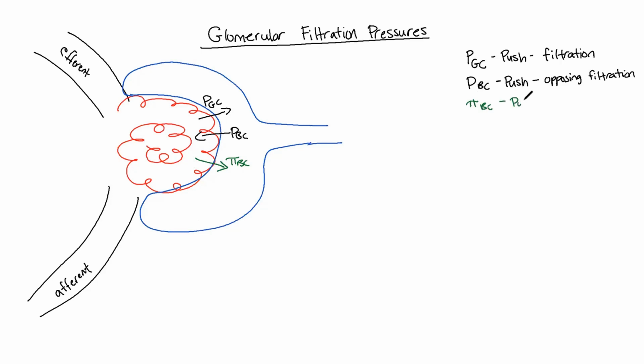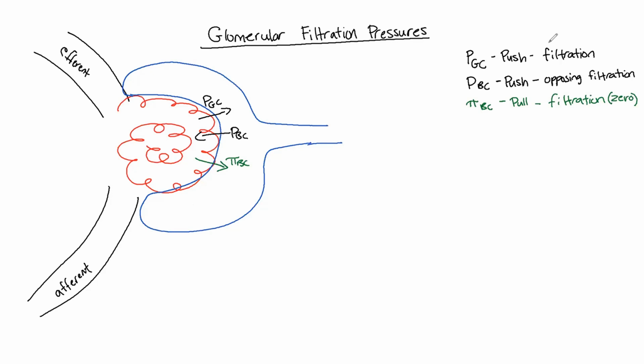Now we know that these are pull forces or osmotic forces. And this one is going to be favoring filtration because we're in the Bowman space, pulling fluid from the glomerular capillary. So this one favors filtration also. And let's put a note here that this should be 0. Really important to make that note there.